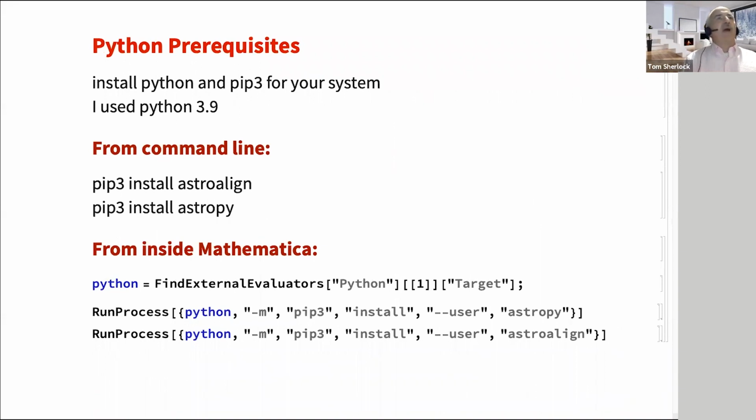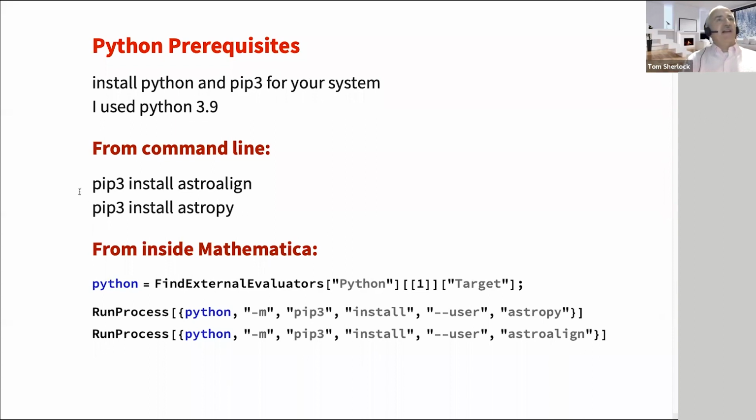So first, a few prerequisites. Obviously, you have to have Python on your system. Luckily, Python is available for all the systems that we have Mathematica for. I'm using Python 3.9. That's available from python.org. So you have to install Python and also the Python package manager, pip3, on your system.